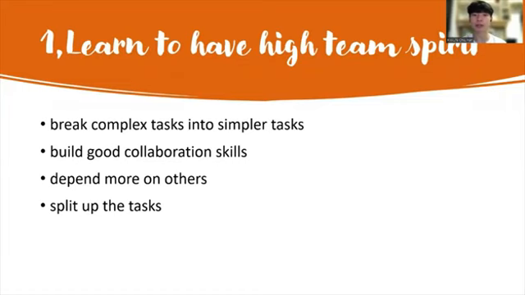For example, we have learned how to be an active listener. We had to clarify and ask our teammates when we listened to others' opinions. Because of the team spirit we have built, we were able to depend more on others and would pick up the tasks so we could get more work done.